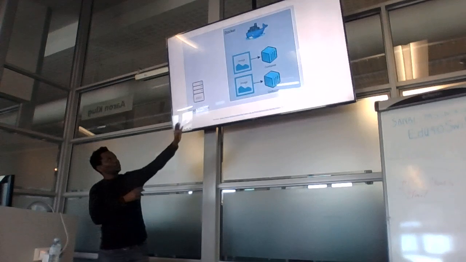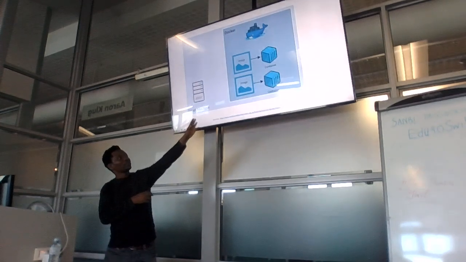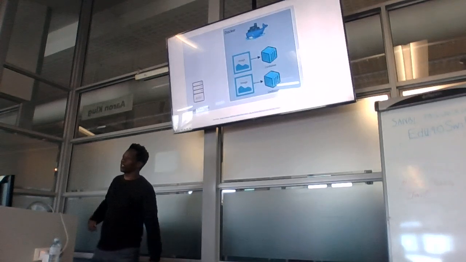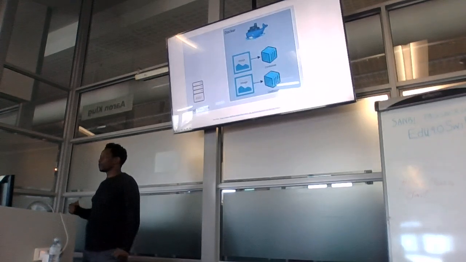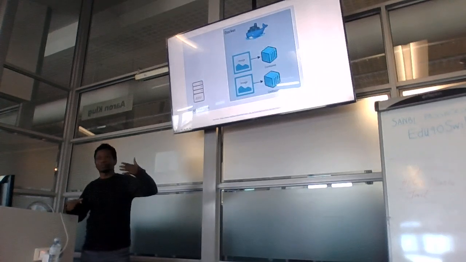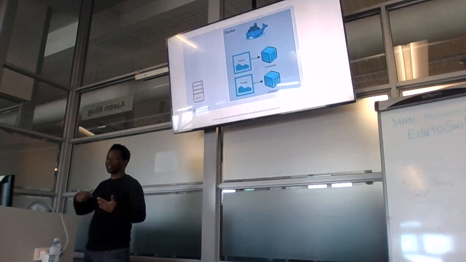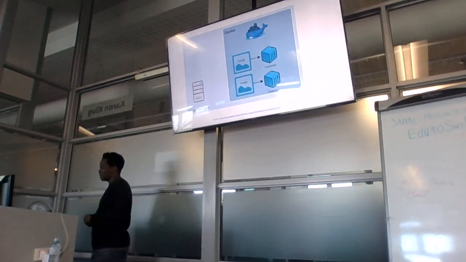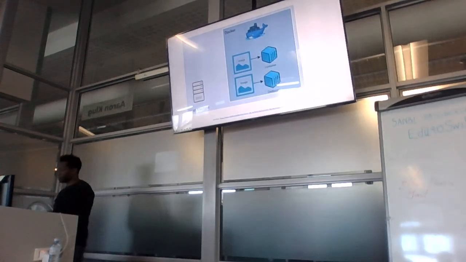So you're able to get all these images and spin off containers. For example, if I'm on a Windows machine and I need to run software from an Ubuntu machine or CentOS or something else, I'm able to simply download that image and then spin up the container, and I will be running that off the host machine.